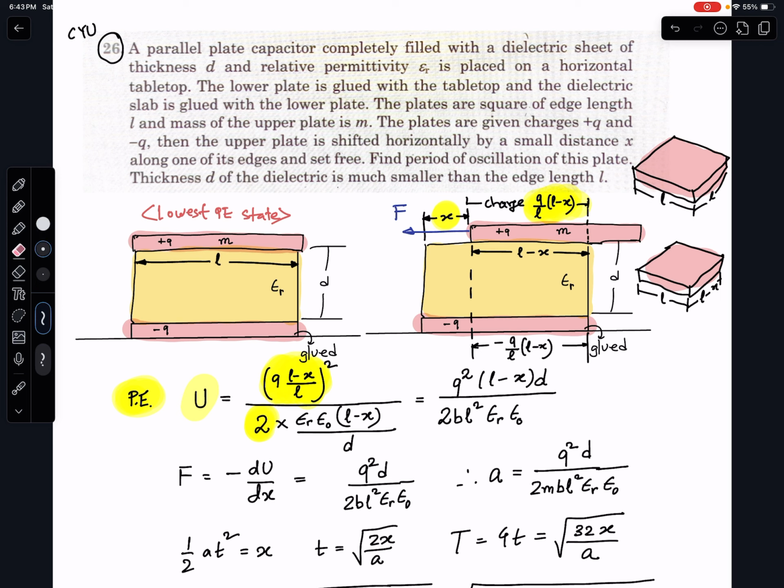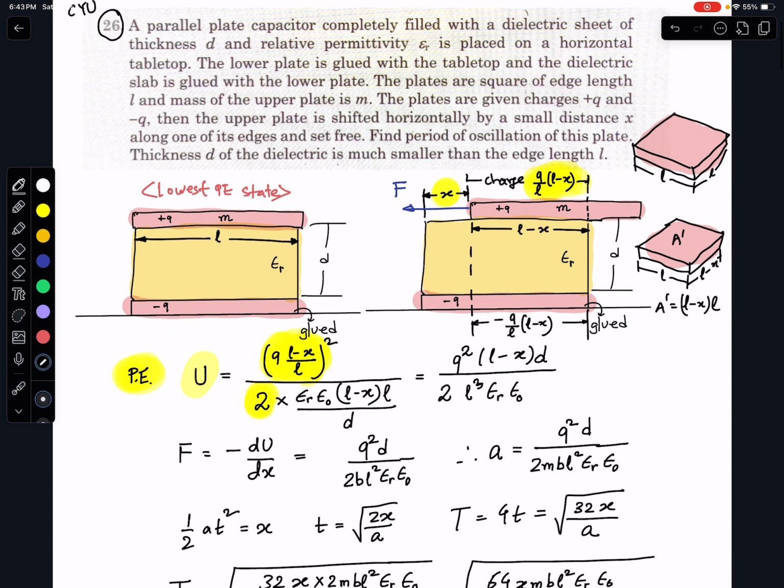This is L. So it is L minus x times L. See, this new area A dash is L minus x times L. So there it is L minus x. I'll correct everywhere I have mistakenly written B. So this will be L cubed there.